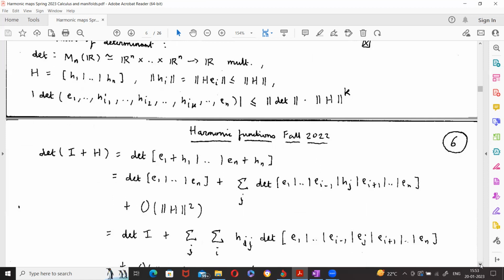That possibly is true, but I'm not sure. I haven't thought about that actually. The operator norm of det, you'll have to work it out. The norm of a multilinear function is the sup over norm v1 equal to 1, up to norm vn equal to 1, of the modulus of det of v1 to vn.